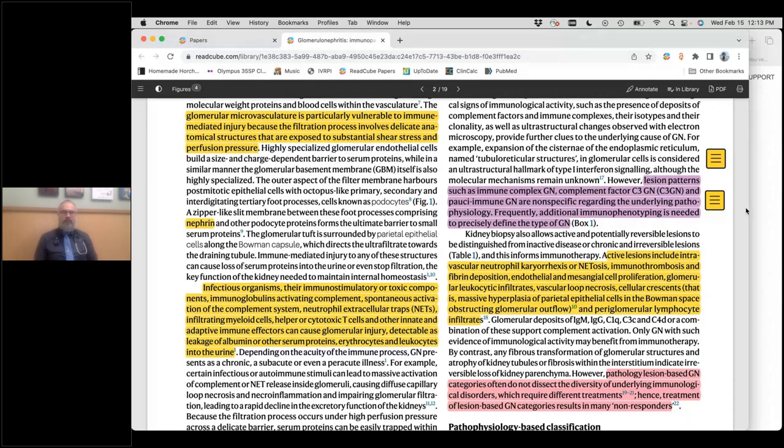And so when I was doing my fellowship at the med school, that was kind of as C3GN was starting to be recognized. And then, over the course of that time, we realized C3GN actually has its own subcategories as well.